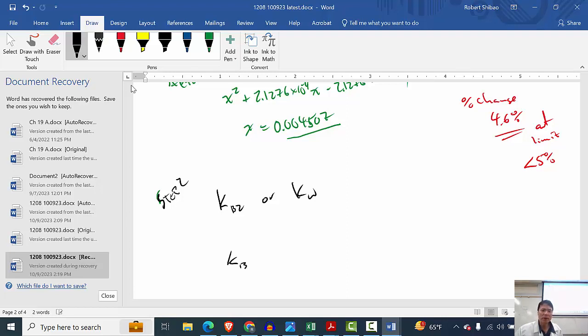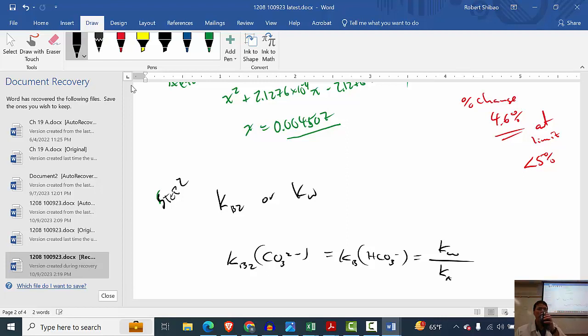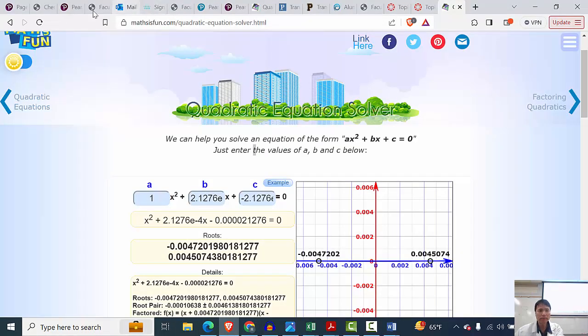What is Kb2? So Kb2 for carbonate is equal to Kb for bicarbonate, which is going to equal Kw divided by Ka for what acid? For carbonic acid, which is 1.0 times 10 to the minus 14 on the top divided by Ka for carbonic acid on the bottom.